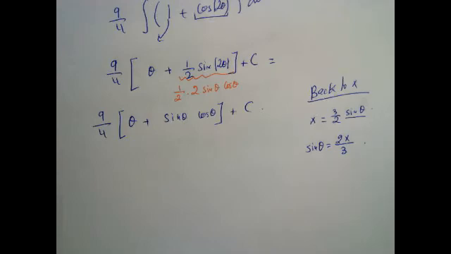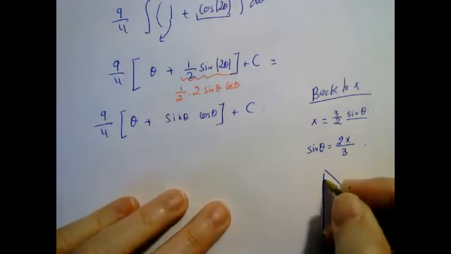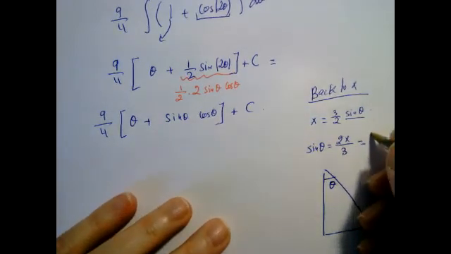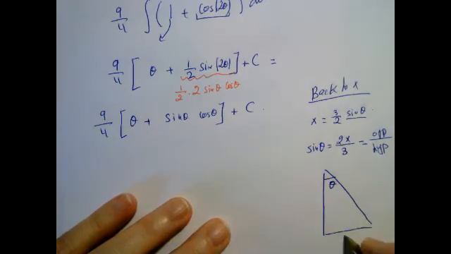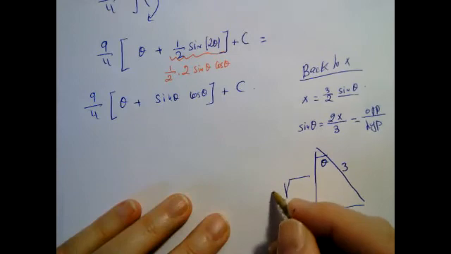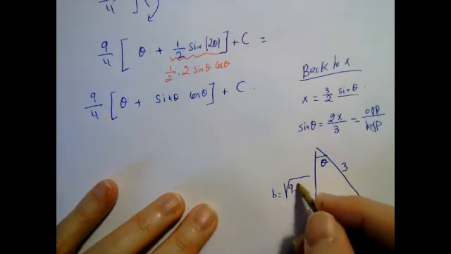All right, now I build my triangle. And this is my theta. And I label it. Sine is the opposite over the hypotenuse. I can pick my opposite to be 2x, my hypotenuse to be 3, and then I need this side. So b squared plus 2x squared equals 9. It means b is the square root of 9 minus 4x squared.